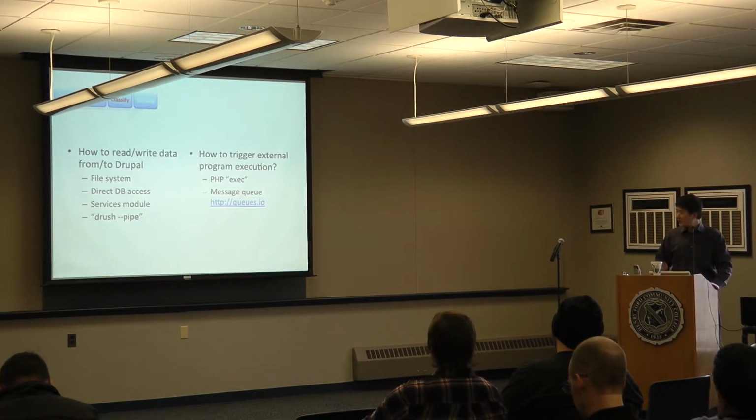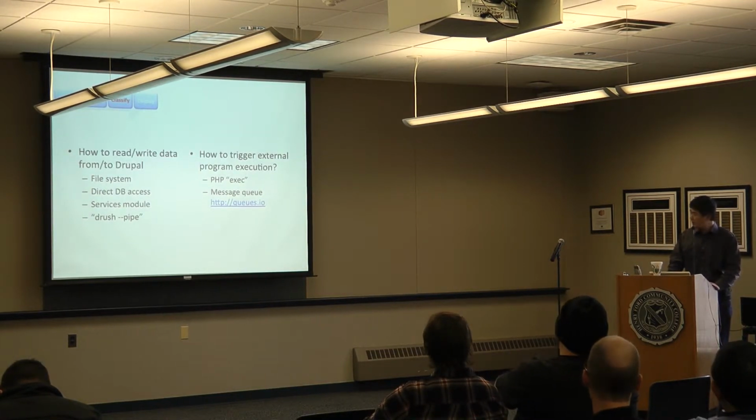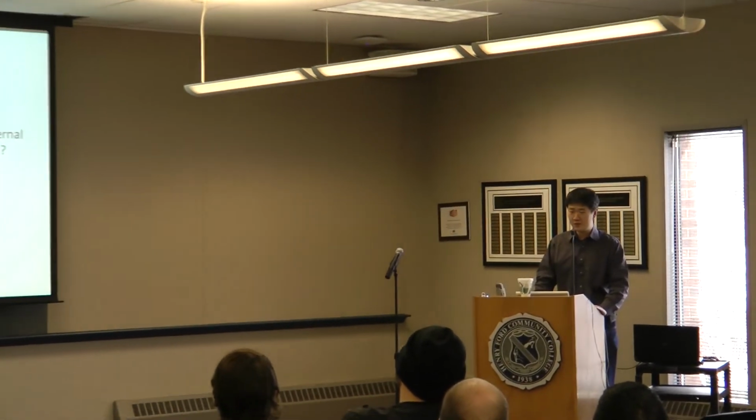The only drawback of the message queue approach is that you involve third-party programs, which are not very tightly integrated with Drupal. I'm going to talk about how we did this.